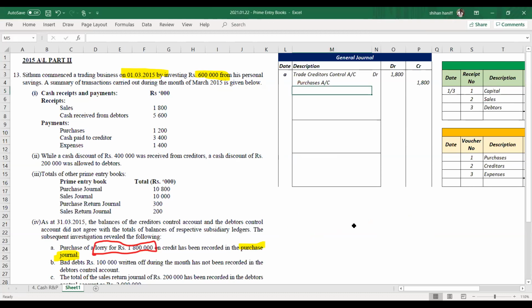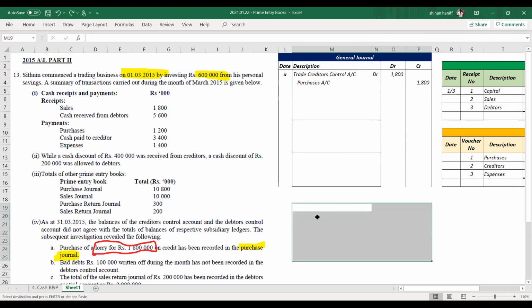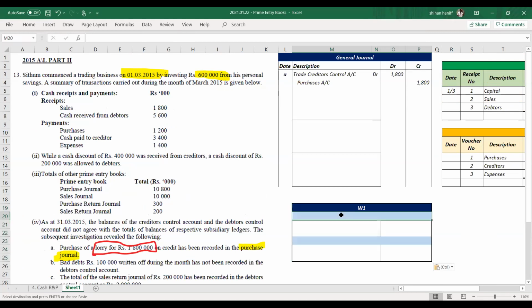There is a question. Explain it again. So let me take the working. If you record the purchase of the lorry in the purchases journal, that has been recorded to purchases account in the general ledger.